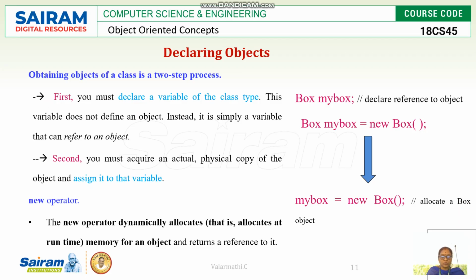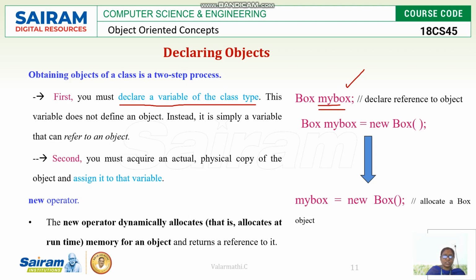How to declare an object: there are two formal steps in obtaining the objects of a class. First, we must declare a variable of the class.